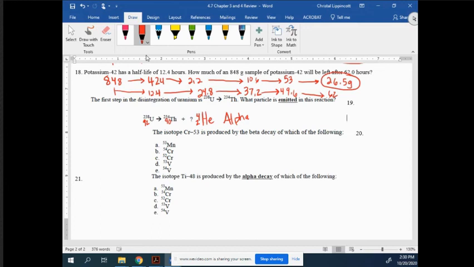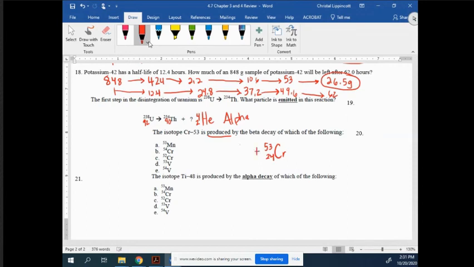All right, so we've got this being produced. Chromium 53 was produced, and it's a beta decay. So chromium 53, chromium is 24. I guess I should have drawn that on the other side, sorry. So this is going to be 53, 24 for chromium, and it said beta decay.